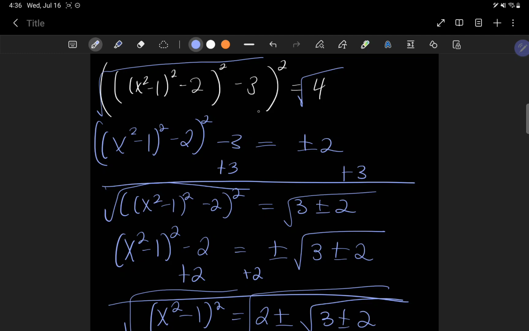If you subtracted 4 over, set one side equal to 0, that's your function being set equal to 0. What is the degree of the polynomial function? You're starting out with an x squared, and then that's being squared, so that's an x to the 4th. Then you're subtracting 2, that's just the constant part. You're squaring again, so the x to the 4th would turn into an x to the 8th, right?